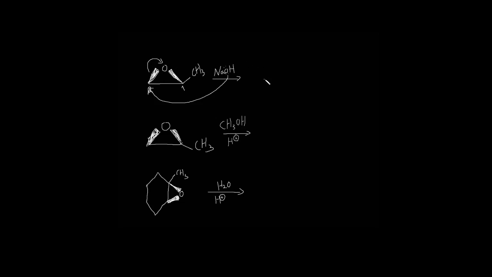This is carbon number 2, this is number 1, and number 1 is attached to the O minus and the CH3. You keep the stereochemistry of this oxygen the same, and the CH3 goes inside.